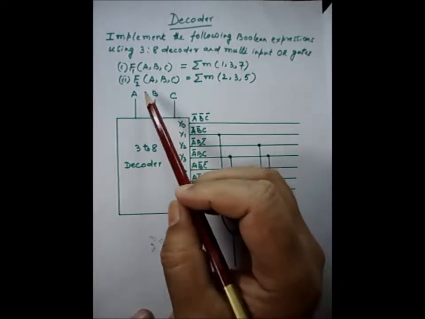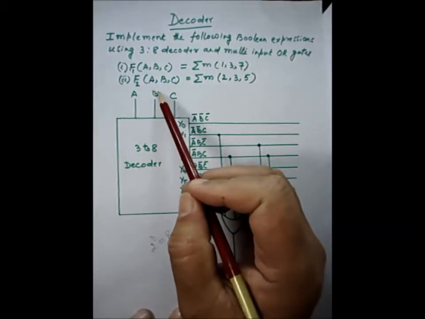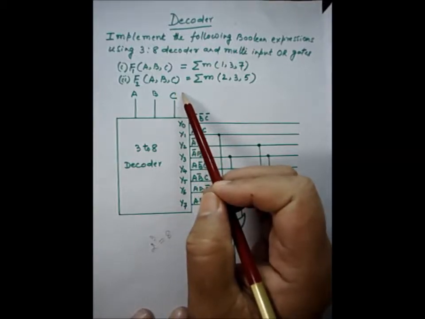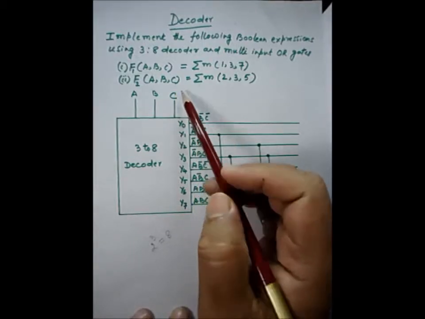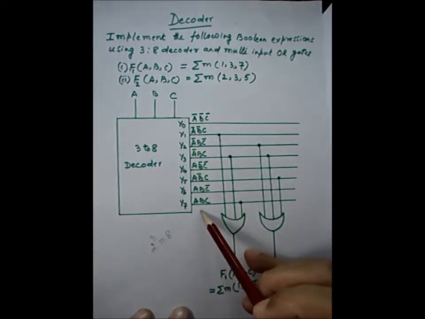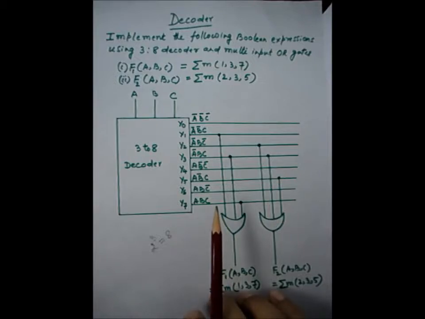Another example: if A equal to 1, B equal to 0, C equal to 1, the decimal equivalent is 5, and then Y5 will become high and the remaining 7 will remain low. That is, in a very simplified way, we can say it like that.